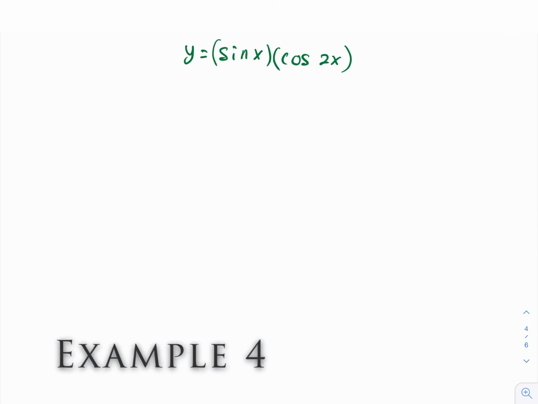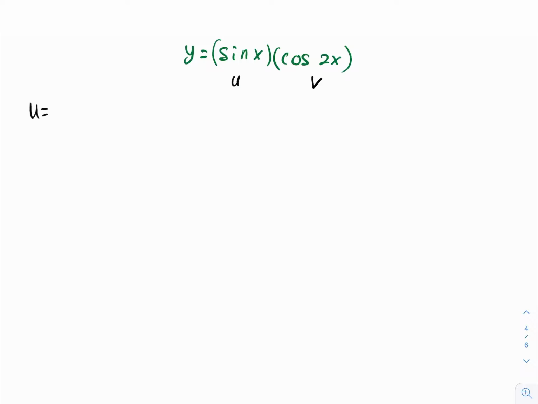Let's look at another example, and this one involves trigonometric functions. Again, we have to identify our u and v. Our u is sine x and v is cos 2x. So u prime, when we differentiate sine, is cos x. If we differentiate cos 2x, we'll have negative 2 sine 2x.